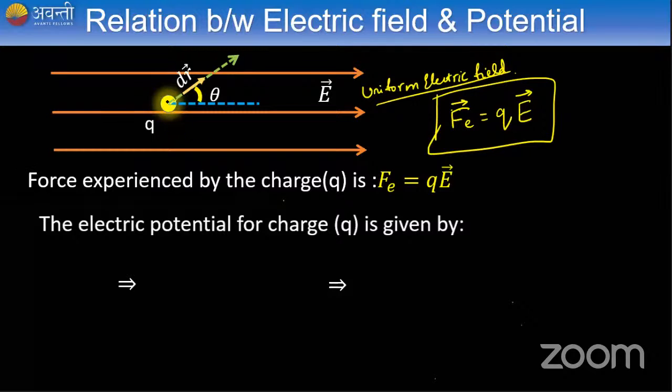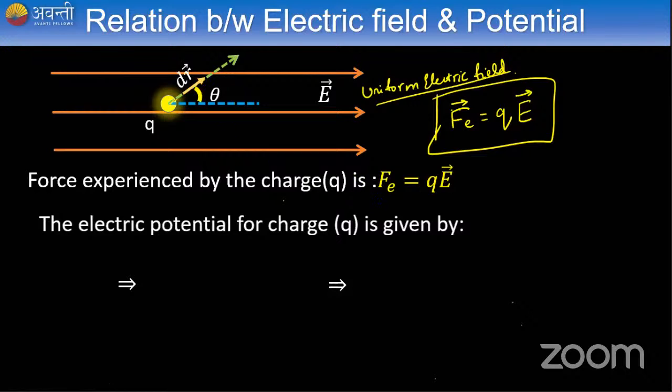I have a charge q. If there is no external force acting, my charge q would move in the same direction as that of the electric field. But now my charge q has changed its direction. It's moving with an angle theta with respect to the horizontal. Suppose my charge q travels a distance of dr. Now, what will be its electric potential? Girish, okay, you gave an answer. Nice.